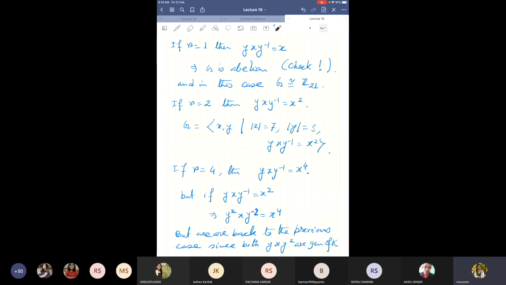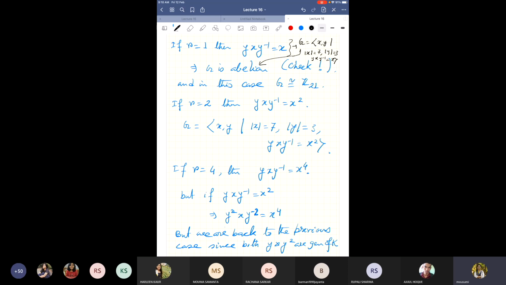So basically this condition says that G is generated by x and y such that order of x is 7, order of y is 3, and y x y inverse equals x square. Now from here you try to conclude that G will be abelian. Is this fine? Now I think you should be able to prove that G is abelian.